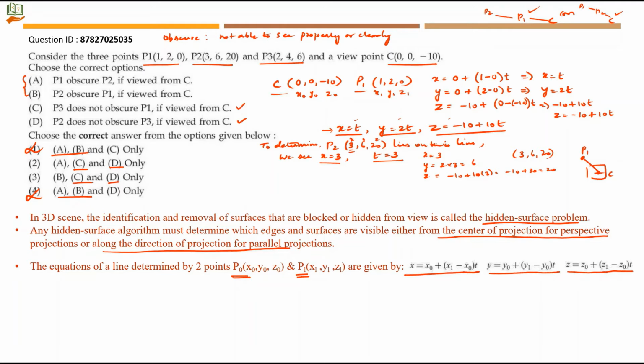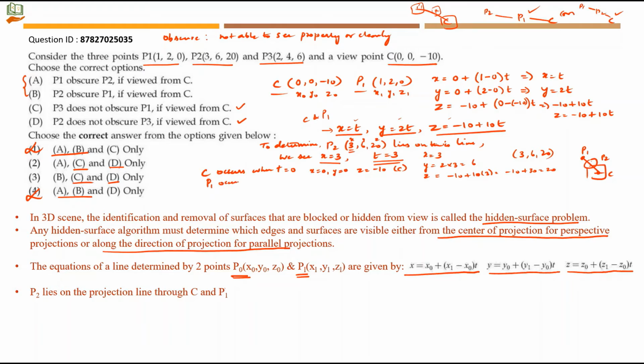From this we can say P2 lies on the projection line through C and P1. Projection in the sense you have to consider this in three-dimensional form. C occurs when t is equal to 0. Just substitute the points: x is equal to 0, y is equal to 0 and z is equal to minus 10. We are getting the coordinates of C here.